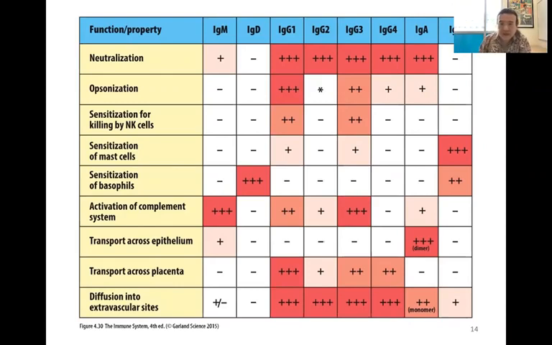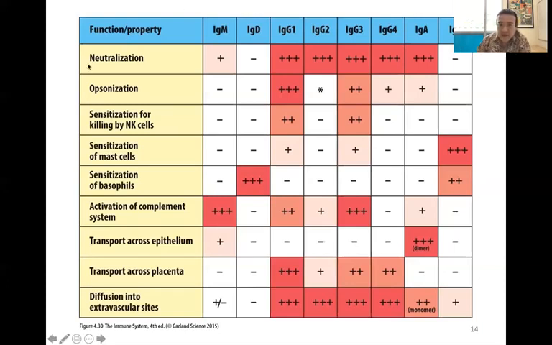You can see that here are the 5 subtypes. There's IgM, IgD. There's also IgG. So there's actually subclasses of IgG, and then A, and then E. So the reality is M, D, G, A, and E. Yeah, that's the 5 subtypes.